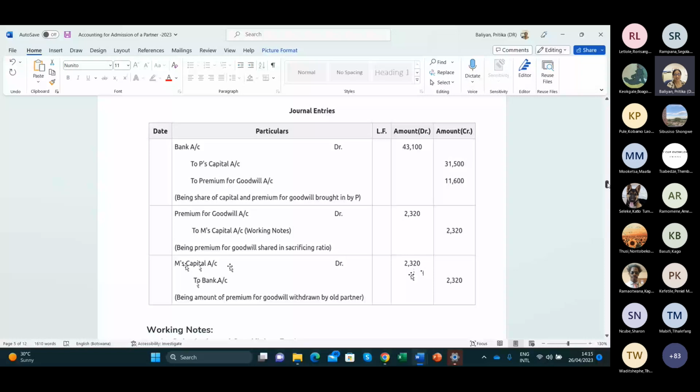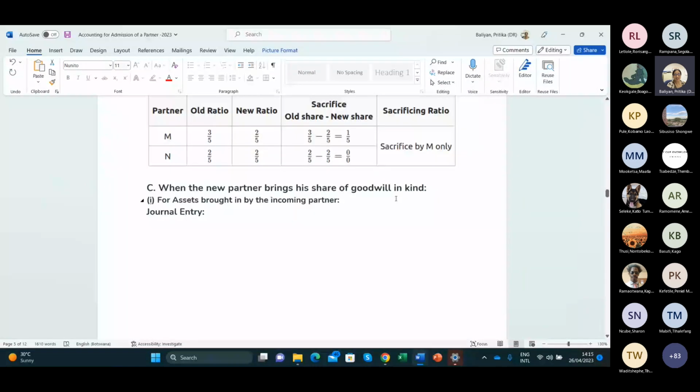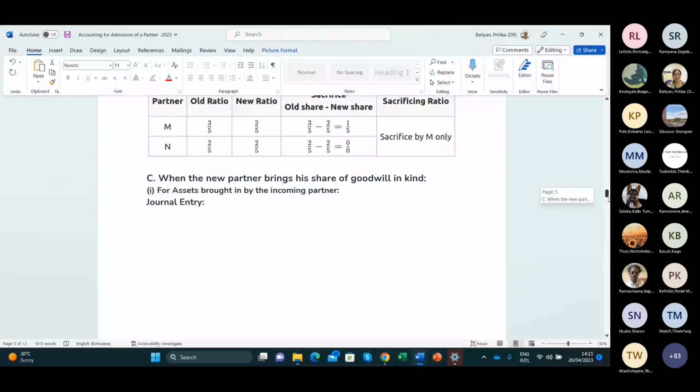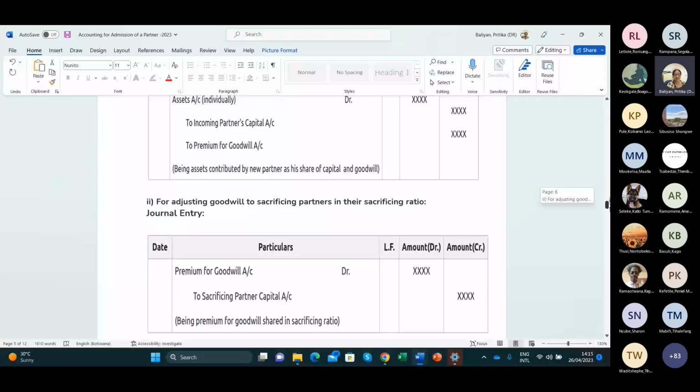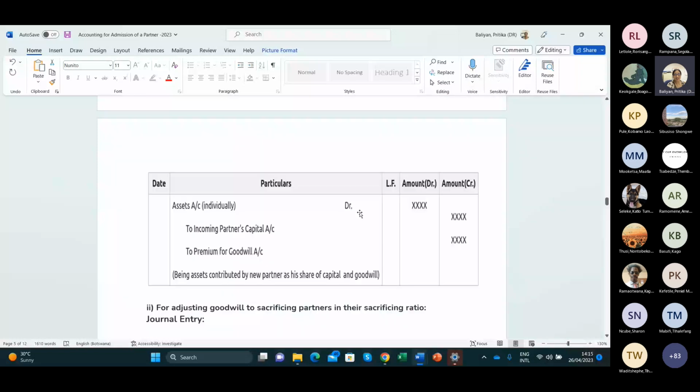Some partners bring the goodwill, as I said, in the form of assets or inventory. Inventory is also an asset. So when the goodwill is brought in kind, whatever kind of asset they bring, we write the asset account debit, because when an asset comes into the business, according to the double entry rule, assets are recorded on the debit side of the ledger account. So asset accounts are debited and the capital account is credited.